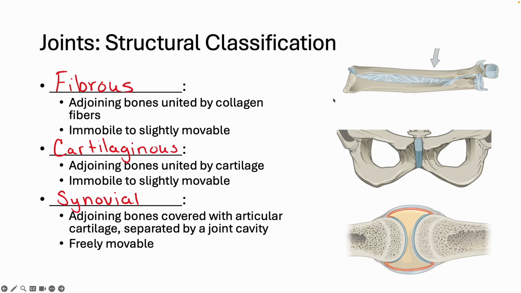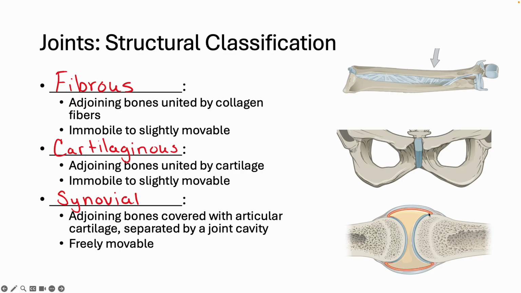Cartilaginous joints, these are going to be joints that are united by cartilage. Things like your pubic symphysis here is an example of that. These again tend to be slightly movable to immobile. And then the freely movable joints are going to be synovial. That's where the adjoining bones are covered with an articular cartilage and separated with a joint cavity.